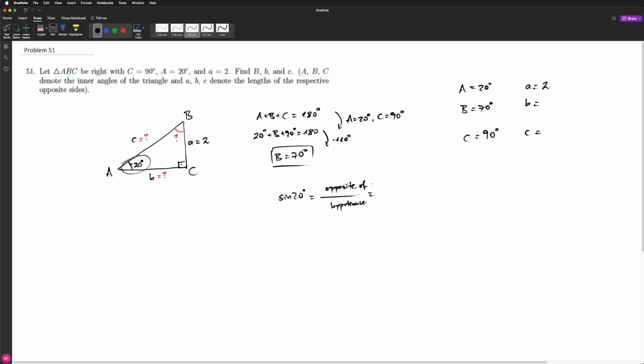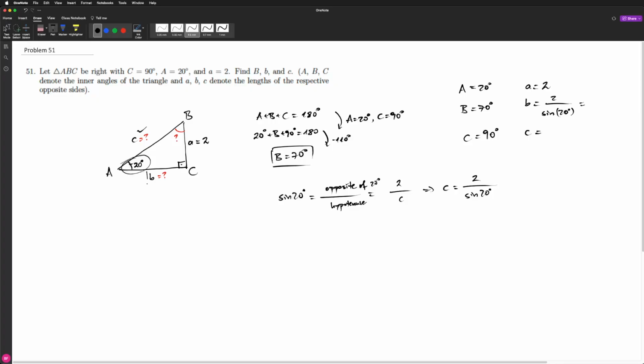Opposite of the 20-degree angle, and that would be 2 over C. So from here, we can find out C is going to be 2 over sine of 20 degrees. Whatever that number is, we can use our calculator. It's not going to be one of the famous angles. We'll have to use our calculator.